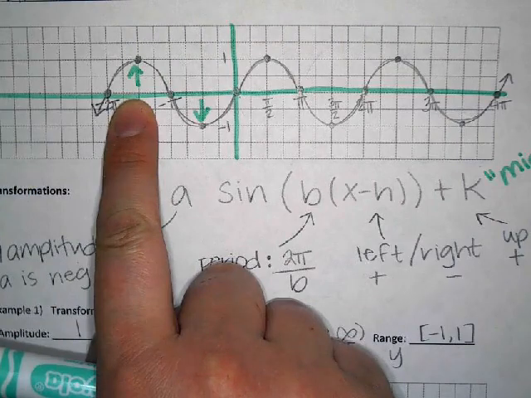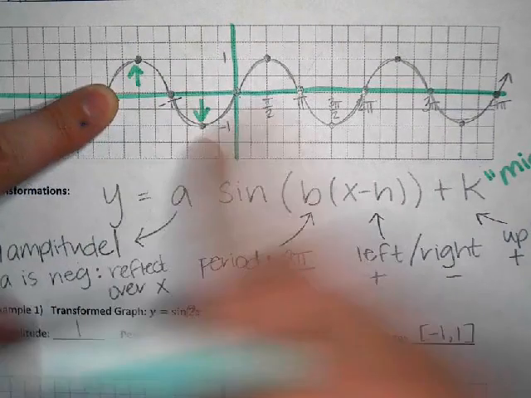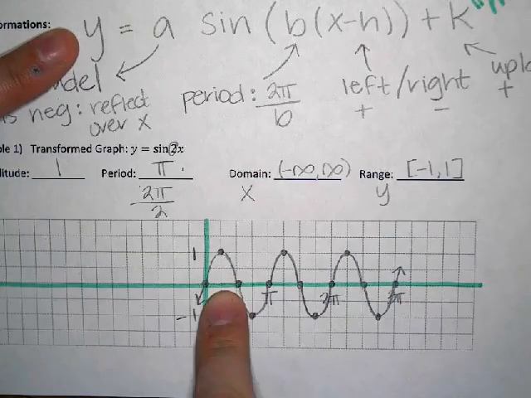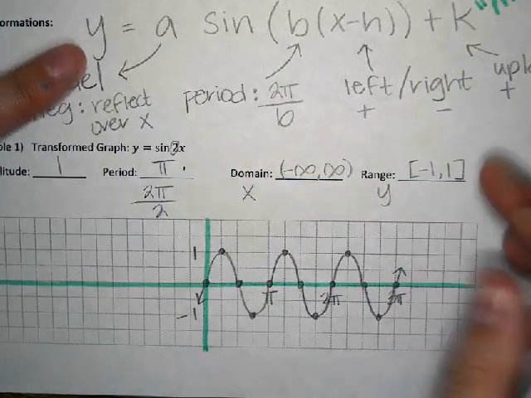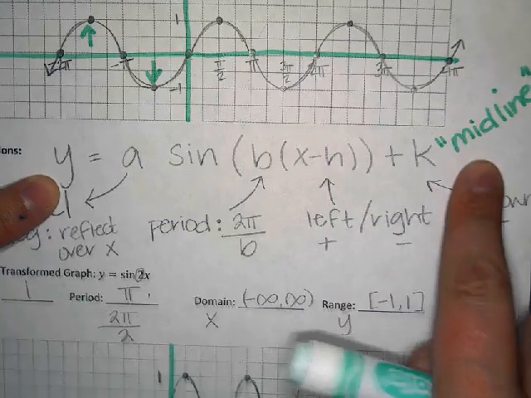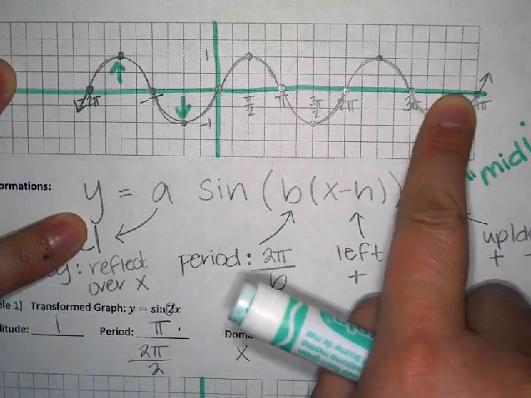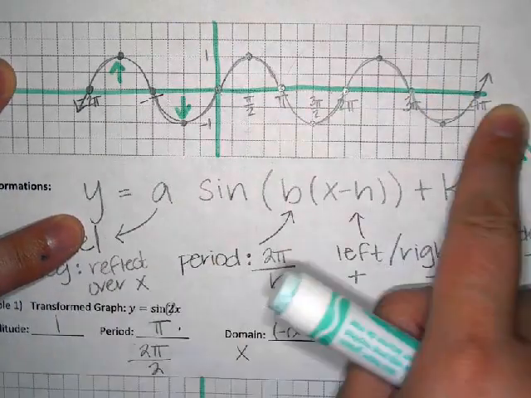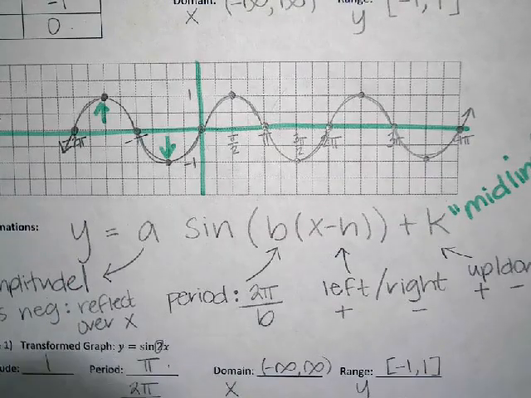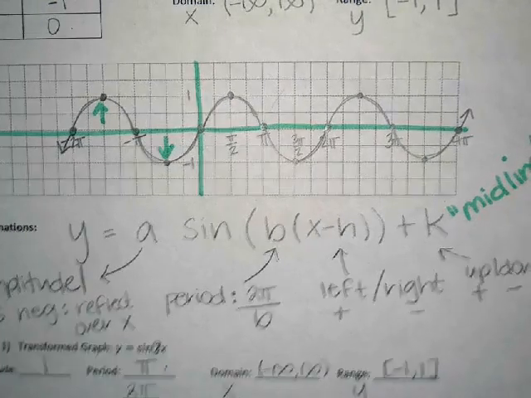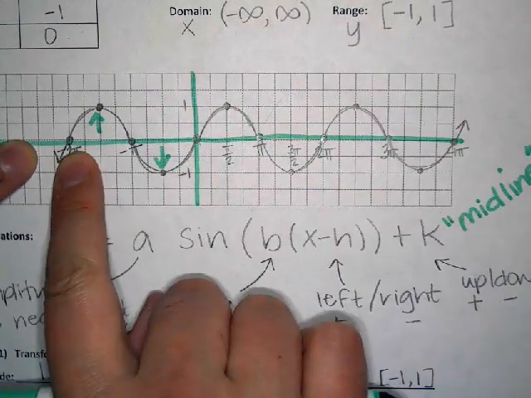The midline is the middle. It's the line in the middle. So here, and so far this is all that we've had, the x-axis has been the midline for every graph that we've done so far. So the midline was the x-axis on this one.